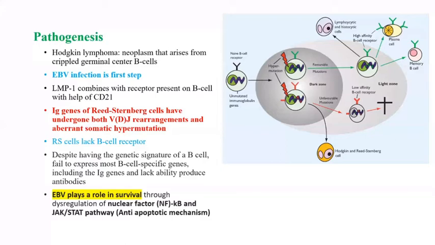And what this RS cell does, you should remember, there is the Epstein-Barr virus in conjugation with the RS cell cytokines, and they activate the NF kappa B pathway. So these cells don't die and they survive because of anti-apoptotic mechanisms. So first is Epstein-Barr virus and second is NF kappa B pathway activation in the pathogenesis of Hodgkin lymphoma.